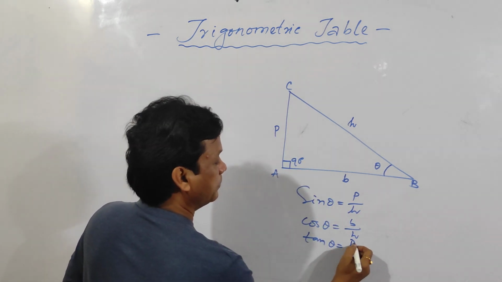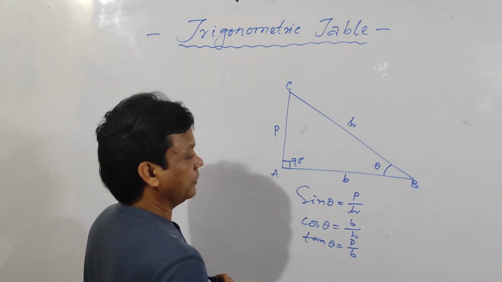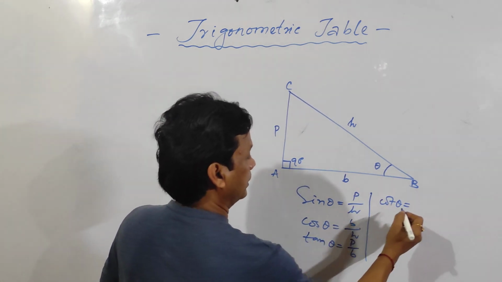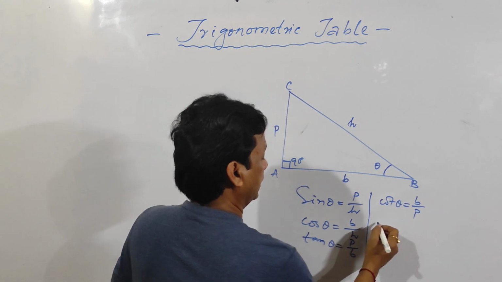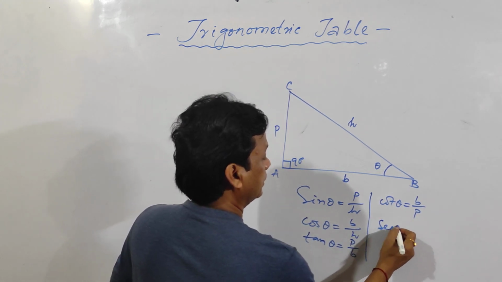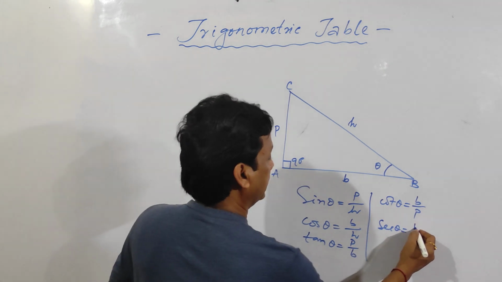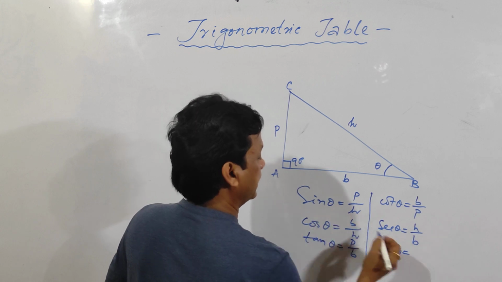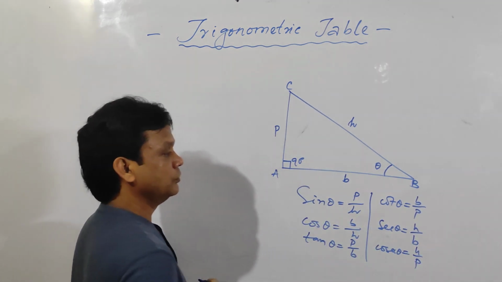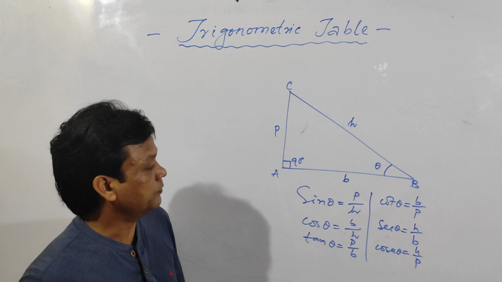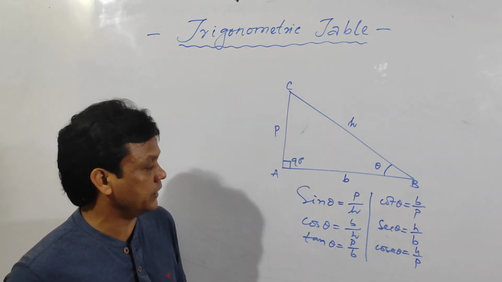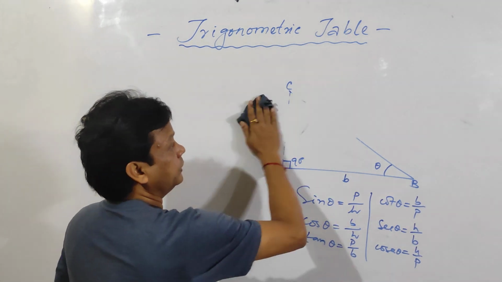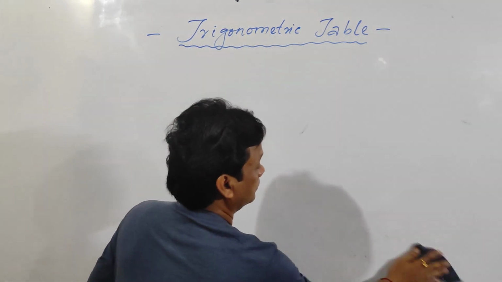Perpendicular by base, it is P by B. And cot theta, the opposite of tan, is B by P. And sec theta, the reciprocal of cos theta, is H by B. And cosec theta, the reciprocal of sine, is H by P. So these are the values of sine theta, cos theta, tan theta, cot, sec, cosec in terms of P, B, H. Clear? Now, see here, how to find out the values of the angles.